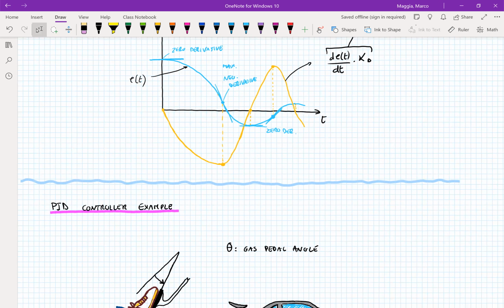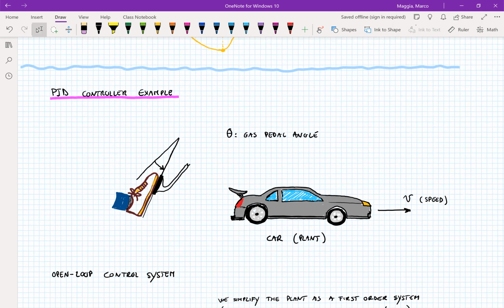All right, so now I want to take a look at an example to better understand the nature of these PID controllers. This example is also quite relatable, because everyone has a car or has been in one.